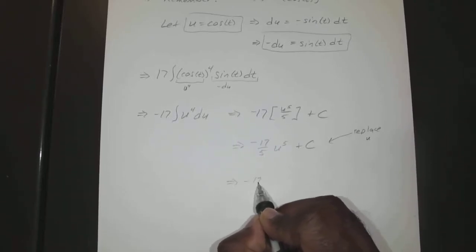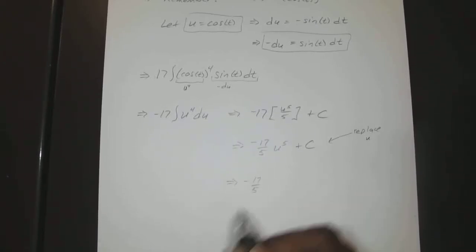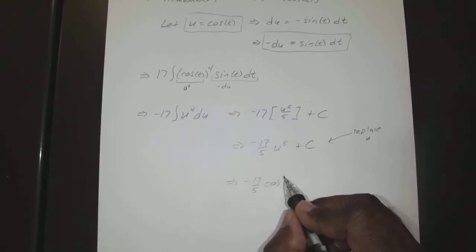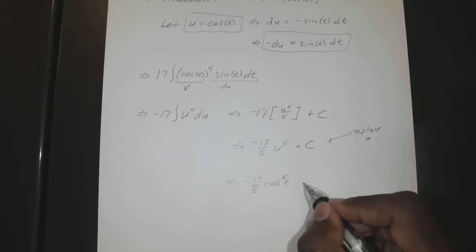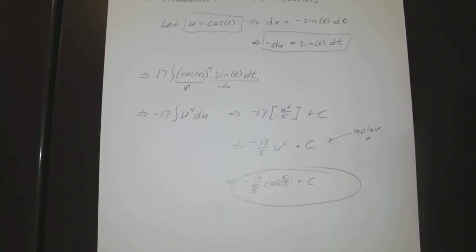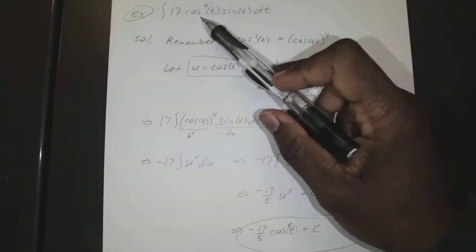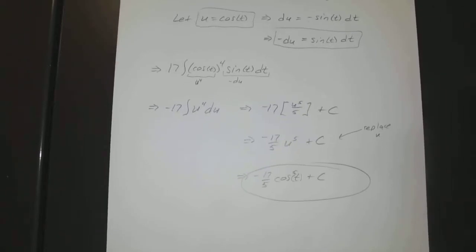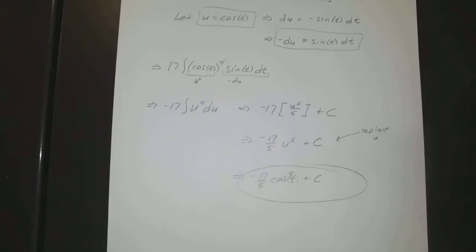Okay, so that gives us negative 17 over 5 times cosine to the 5th of t plus c. All right, so whenever you see more than one trig function up there, then you know you're going to have to make one of them equal u. And it's always the highest one, or the one that's not 1.